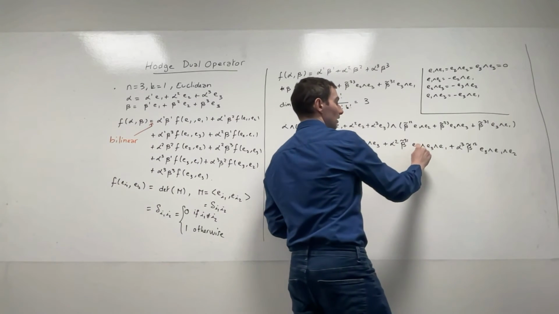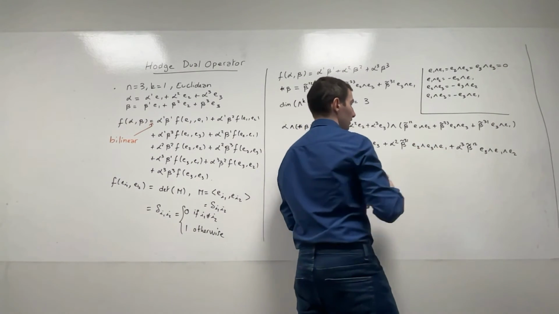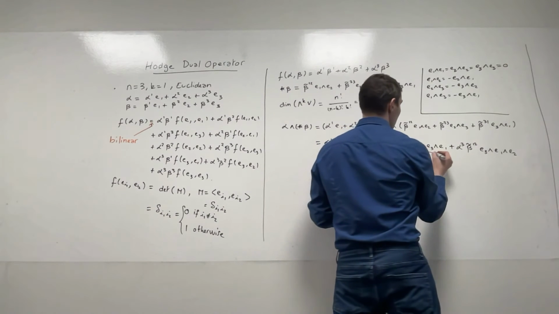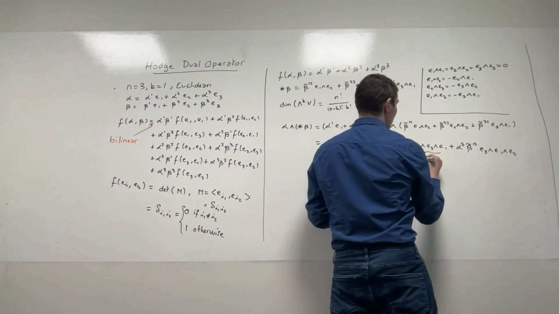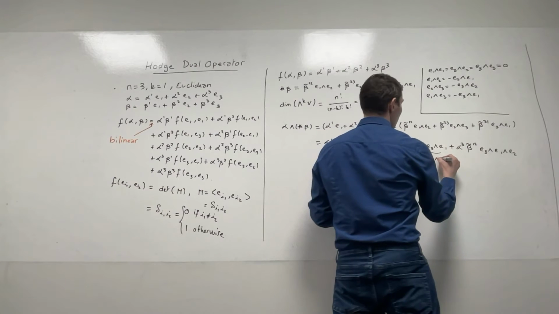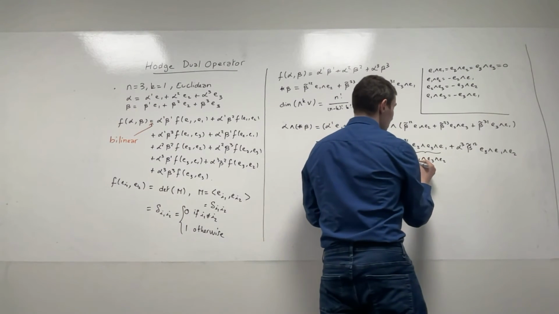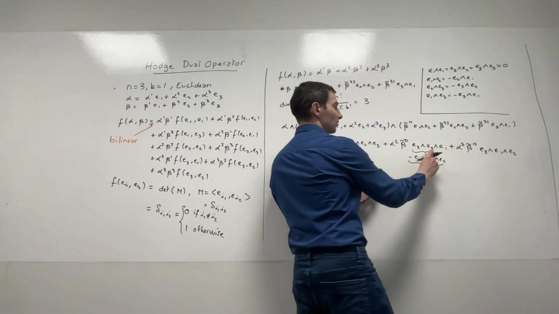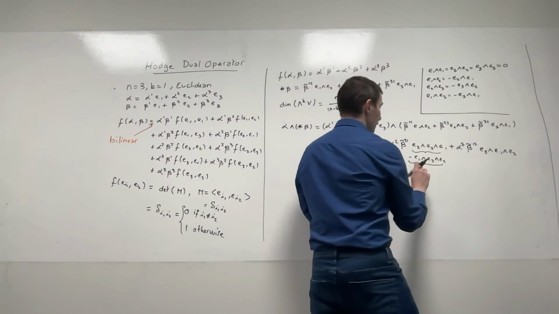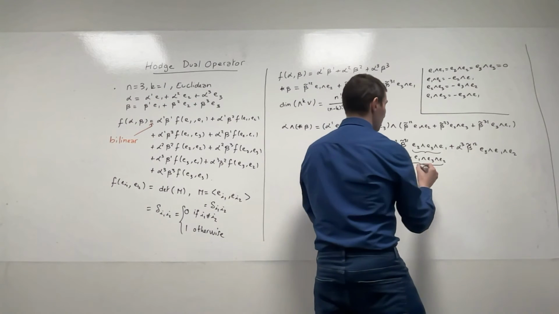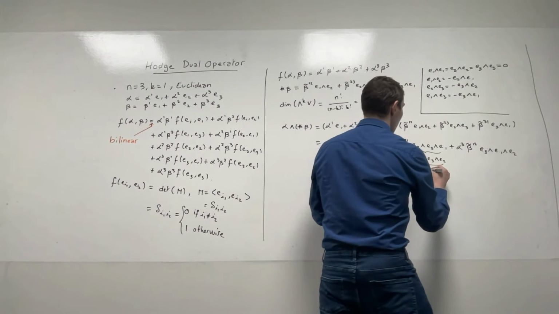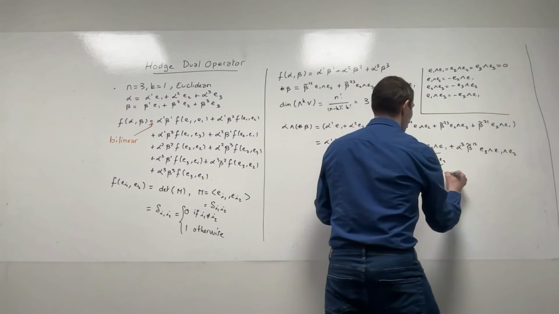So this thing here, let's write it like this. This thing is equal to minus E1 wedge E3 wedge E2. But then this minus E1 wedge E3 wedge E2, I can swap now E3 and E2, and so that's going to be E1 wedge E2 wedge E3, so plus.